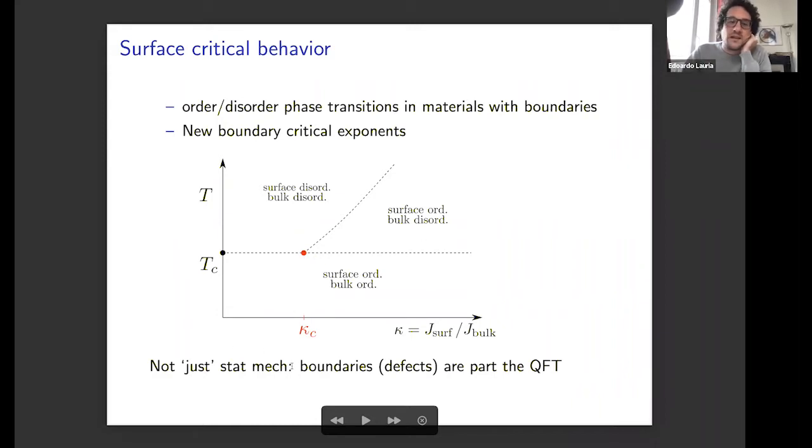But besides that, my motivation for studying boundaries and more generic defects is that these objects are legitimate objects. They do appear and belong to the quantum field theory, as the local operators do. These objects are also very important in high energy physics. They're just a part of what the quantum field theory really is.